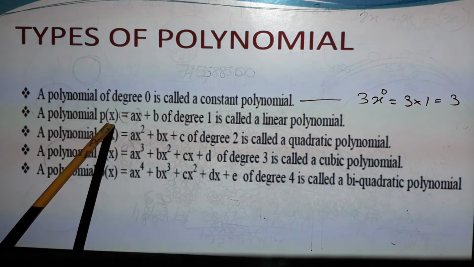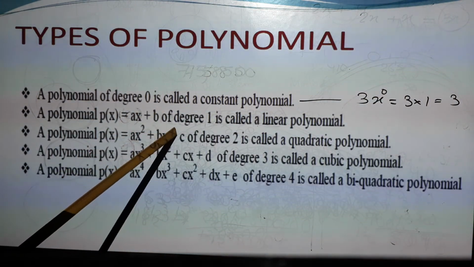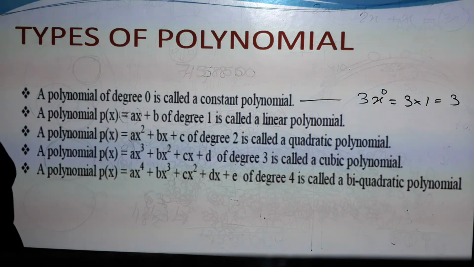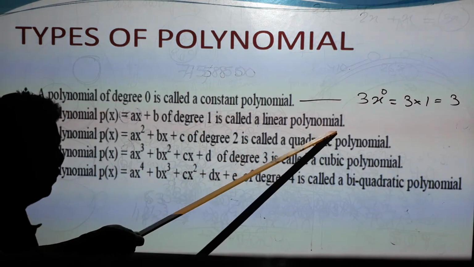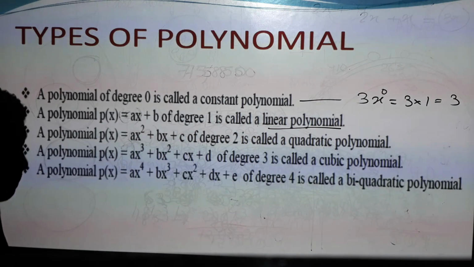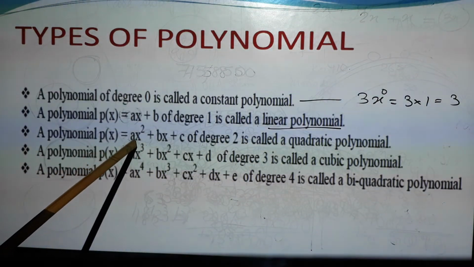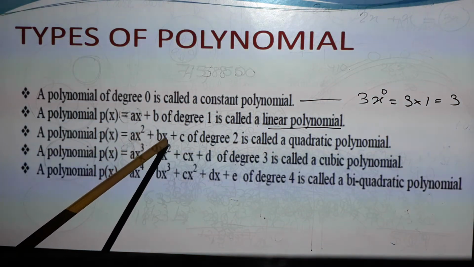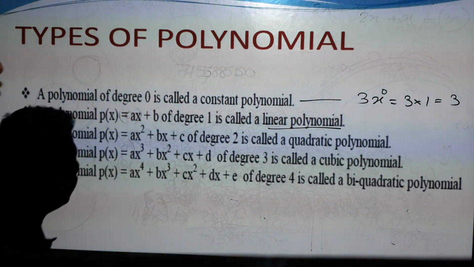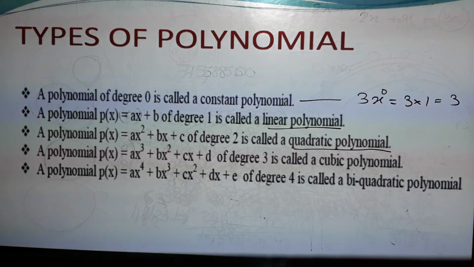A polynomial p of x equal to ax plus b, where the power of x is 1, so the degree of this polynomial is 1, is called a linear polynomial. Next, a polynomial p of x equal to ax squared plus bx plus c. Here the degree is 2, so it is called a quadratic polynomial.